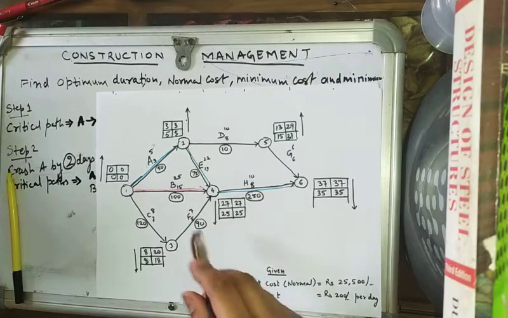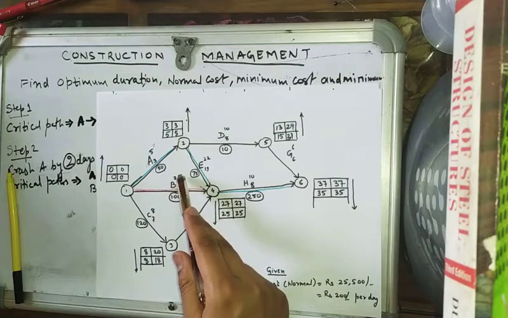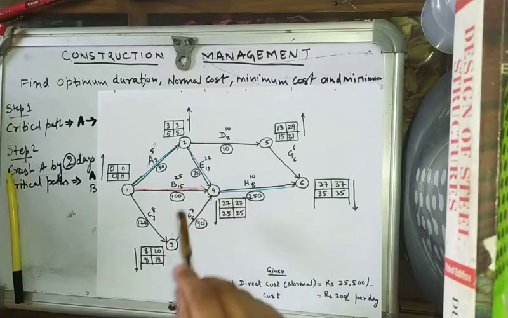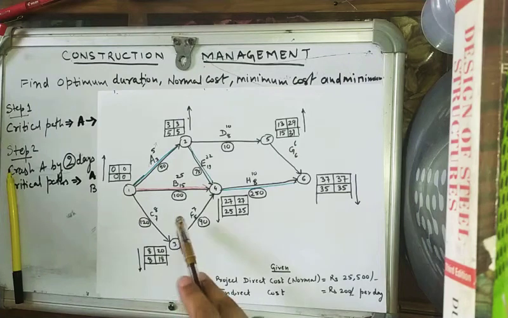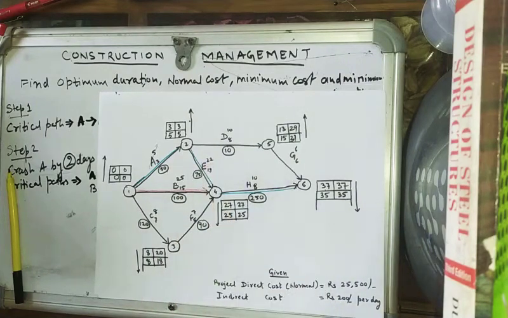and here we know that B can be crashed by 10 days and E can be crashed by 3 days. So we have to crash both these activities simultaneously. So we'll crash both these activities by 3 days only.